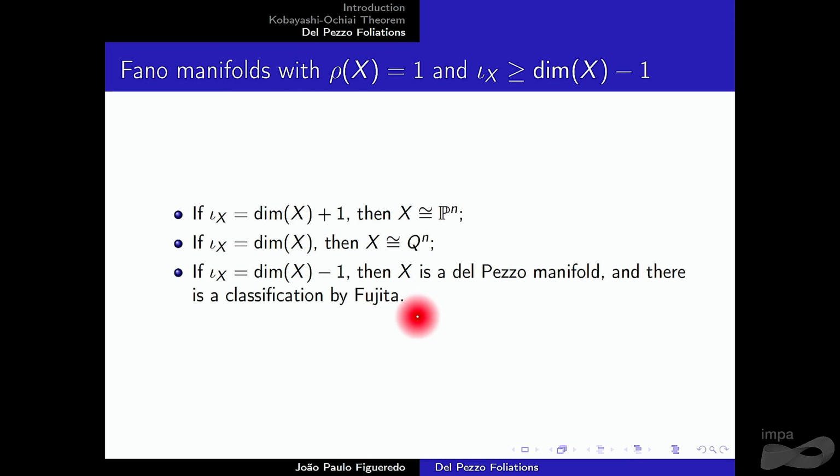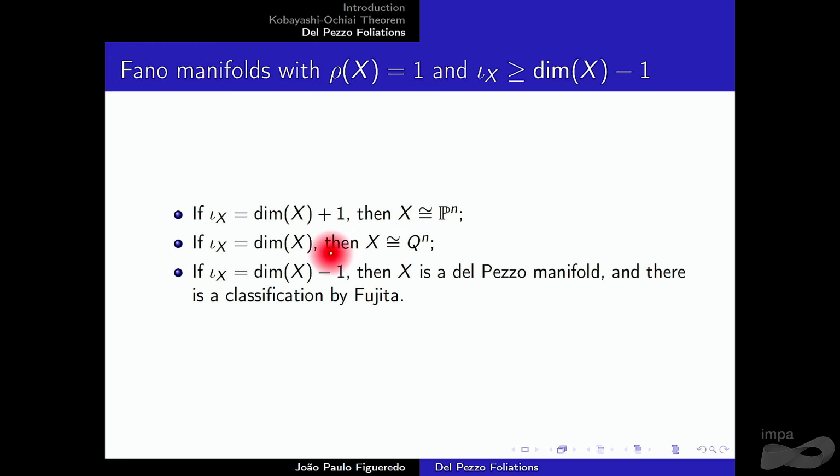So what are the cases? If the index is dimension of X plus 1, then X is a projective space. We are ruling out this case. If the index is the dimension of X, then X is a quadric hypersurface. We already showed this, the classification here.